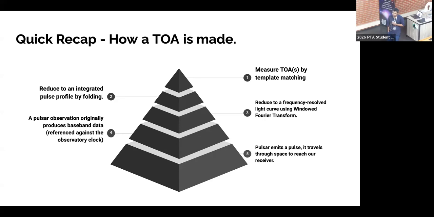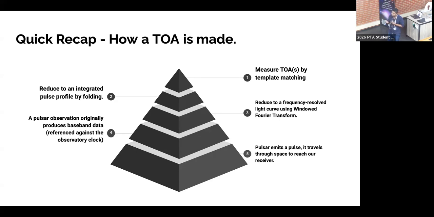I don't think there is any sort of standard procedure, because I know in our PTA, for example, we do our noise or RFI removal at the light curve domain, whereas in some other PTAs this is done in the profile domain. So even something like that, there is no standardization. And this is also dictated by practicalities.